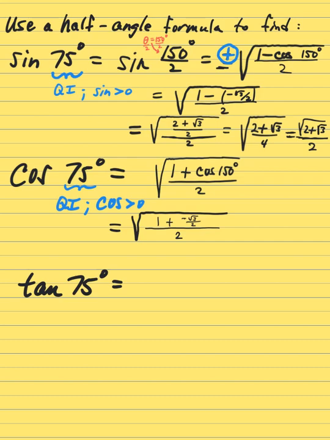Okay, and like we did above, treat 1 as a 2 over 2. So that's going to get us to radical 2 minus square root of 3 over 2 when you combine denominators over that same 2 that's in the original denominator.